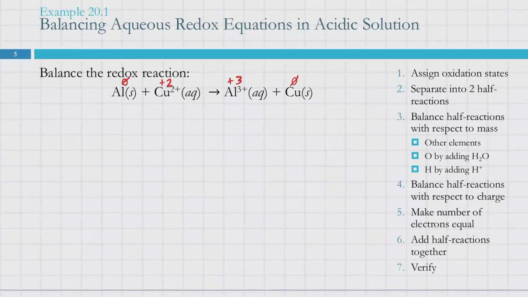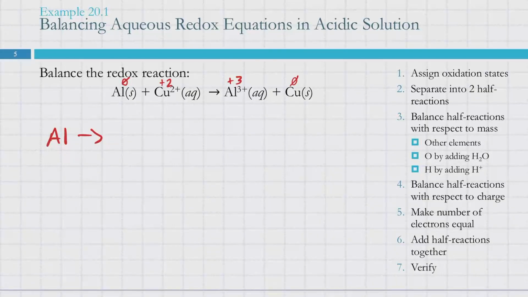For step 2, we want to separate into separate redox reactions. So our reduction gets pulled aside, our oxidation gets pulled aside. You don't necessarily have to label them, so you don't necessarily have to have these definitions of redox in your head. You should have them, but you can also just separate them out.